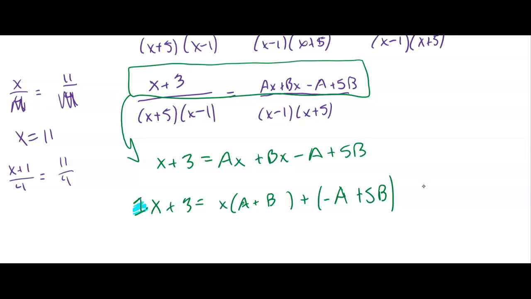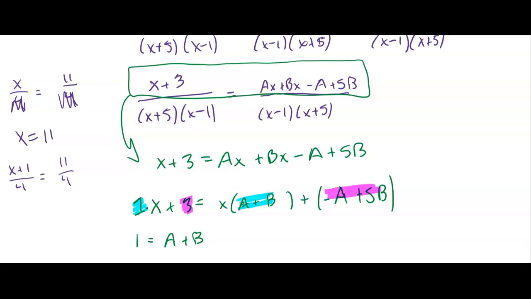You see that the 1 is the coefficient of the x here, and you see that the a plus b is the coefficient of the x. What I would argue to you is that 1 has to be equal to a plus b. Then I could do that with the 3 as well. The 3 over here is the only term that doesn't have an x.